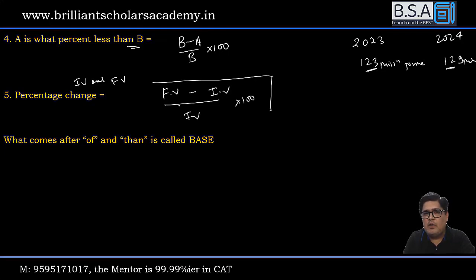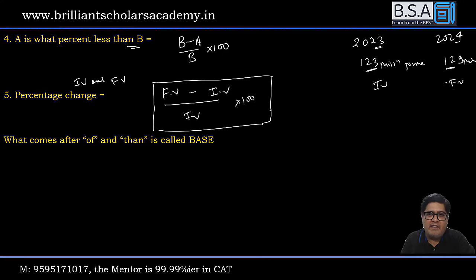This is how we calculate percentage change. For a change, you must always be told what is the initial value, what is the final value. Here, I was told last year this was the number, this is the number. So this becomes the initial value and this becomes the final value.